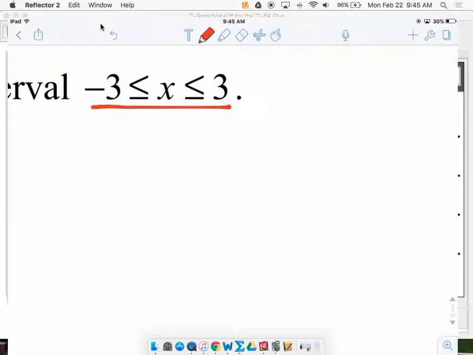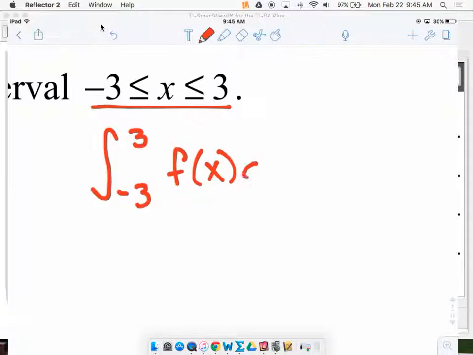Very simple. I kind of want to do the whole thing. So just negative 3 to 3 of f of x dx, right? That's what we're trying to find.